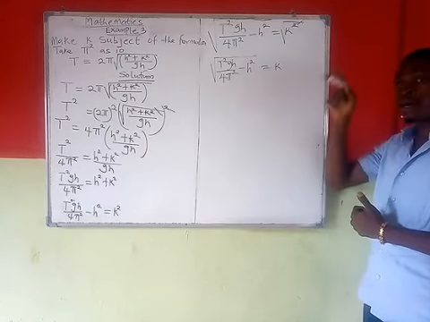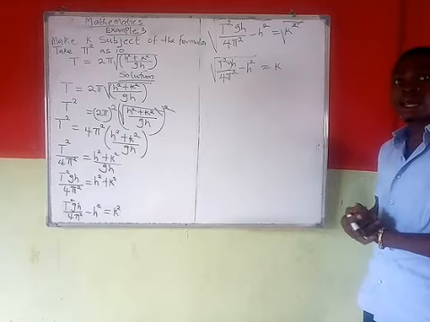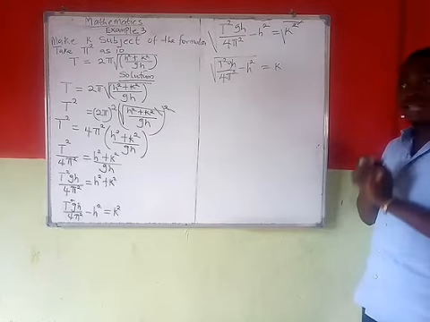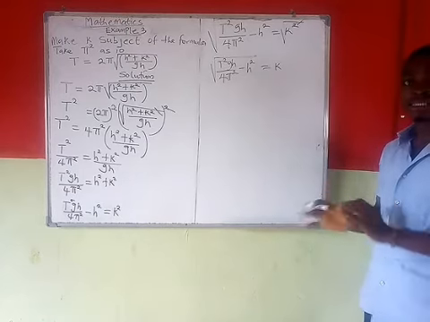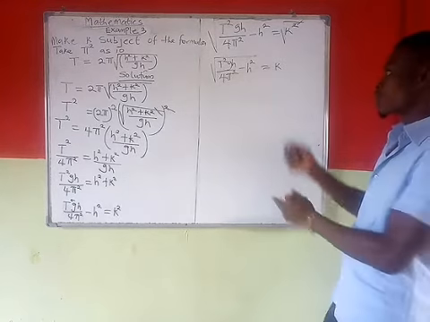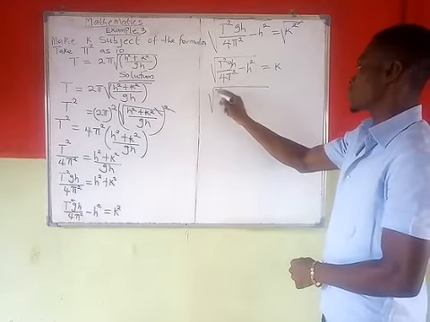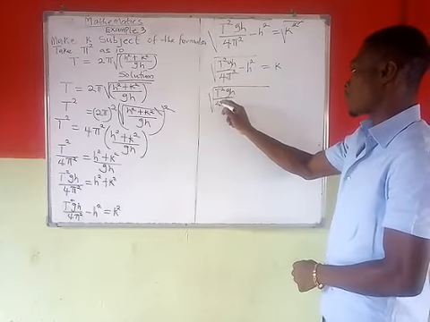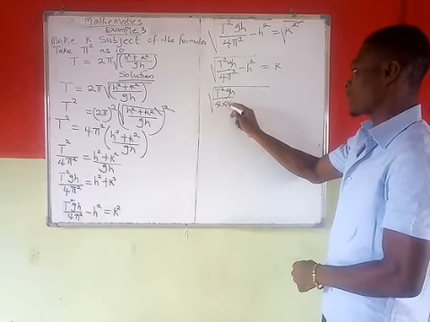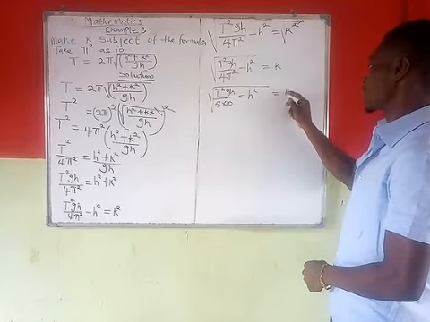But remember, from the question there, they say we should take pi squared as 10. So that means we should be substituting the value of pi squared here as 10. So doing that, this will now be square root of T squared gh over 4 multiplied by 10 minus h squared is k.